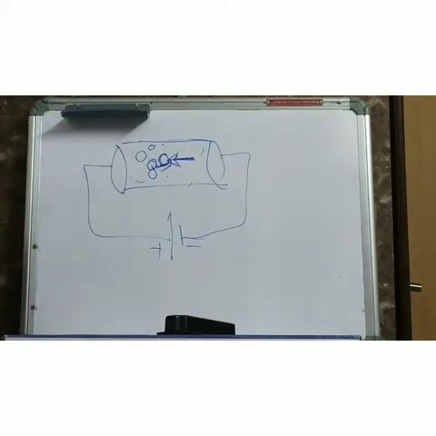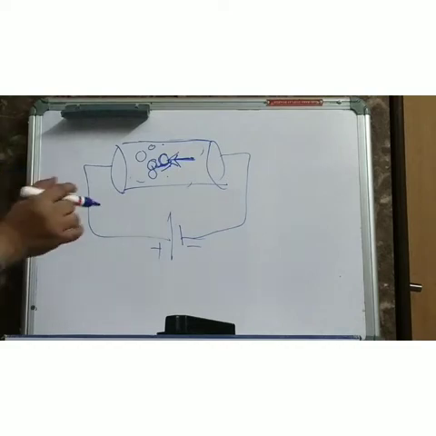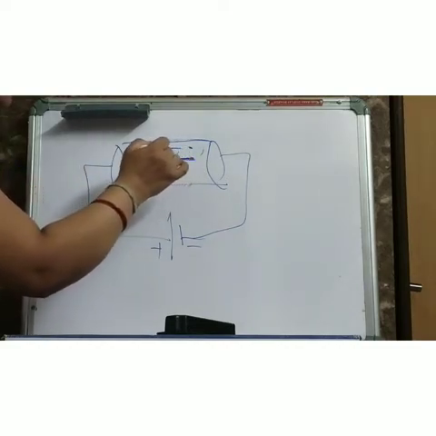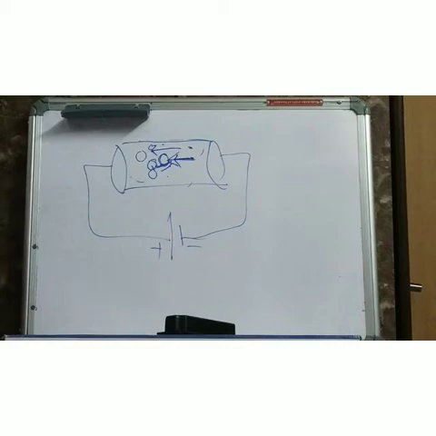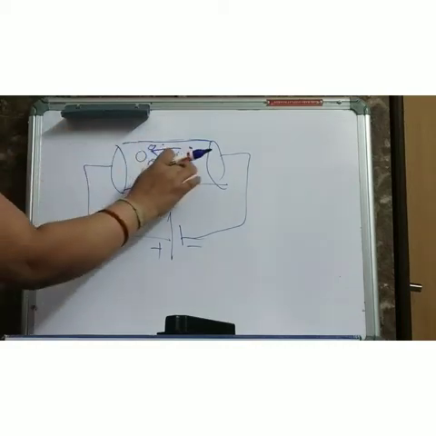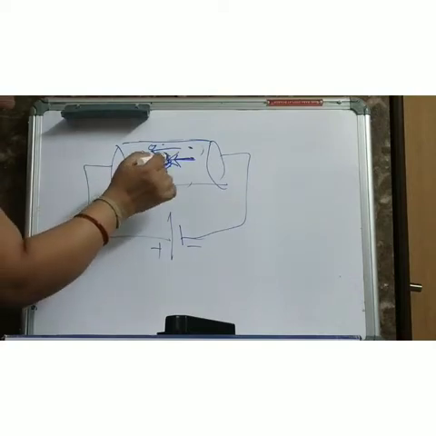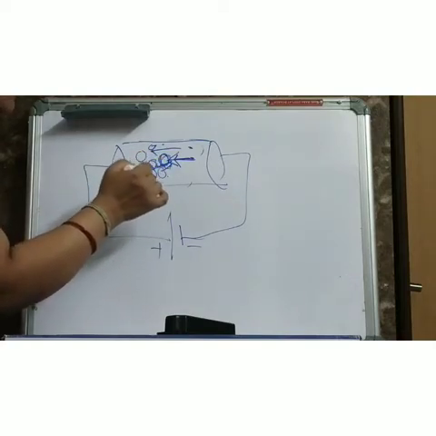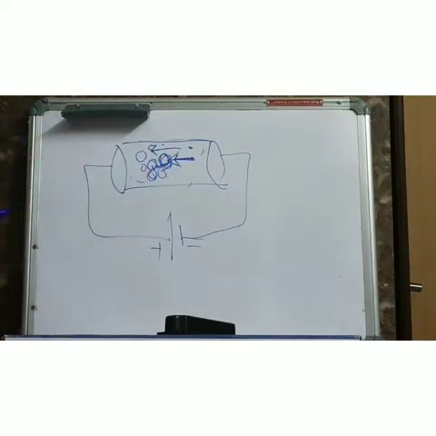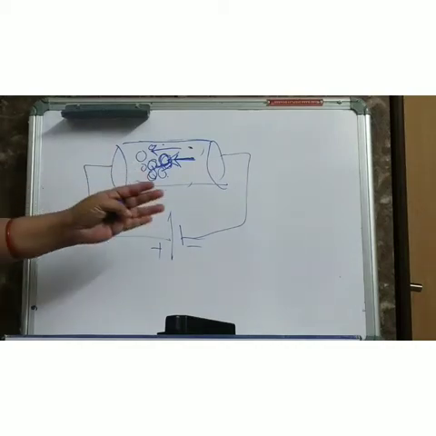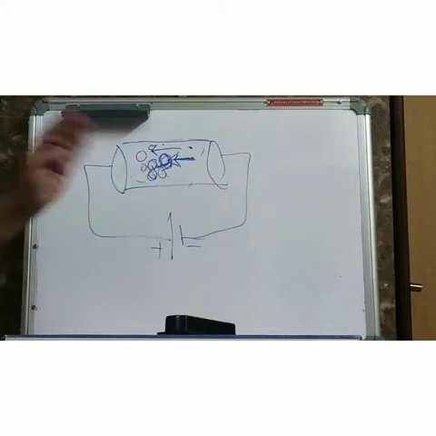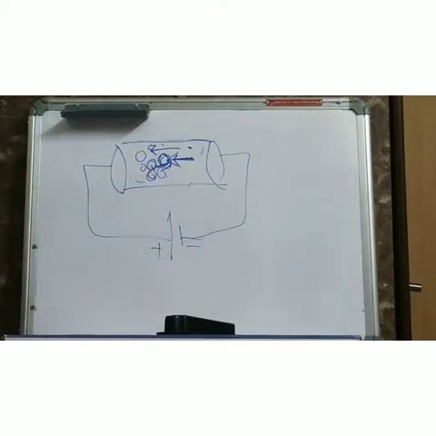That's why the word drifting is used. The electron is trying to make its own path, surpassing all the obstacles and reaching the positive terminal. So the electron will slowly move, and this is called drifting of electrons.